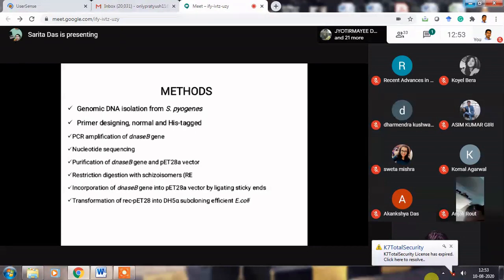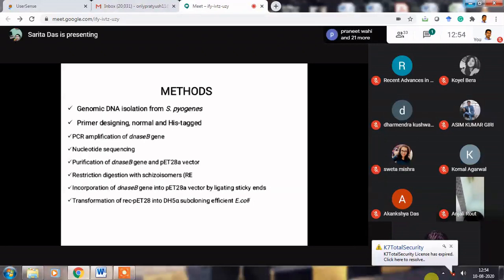Using automatic sequencers, this was done, and then a BLAST analysis was carried out, and it found that our sequence had 99% homology with the database entries for other group A strep DNase B, whereas it didn't show any sequence homology with other groups like group B, G, or C. Then the DNase B was purified, and the vector chosen is the pET28a vector, with the kanamycin resistance gene as the selection marker.